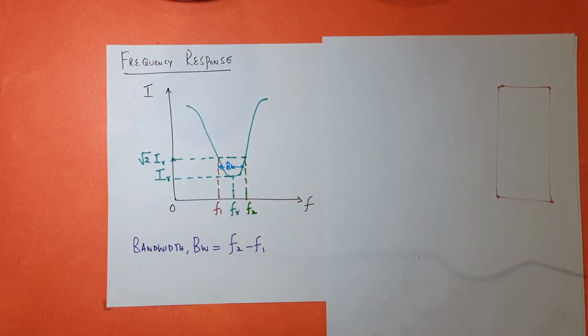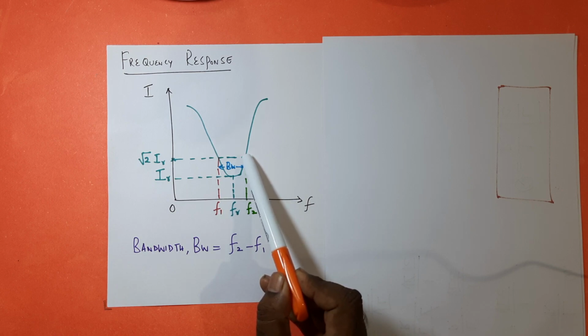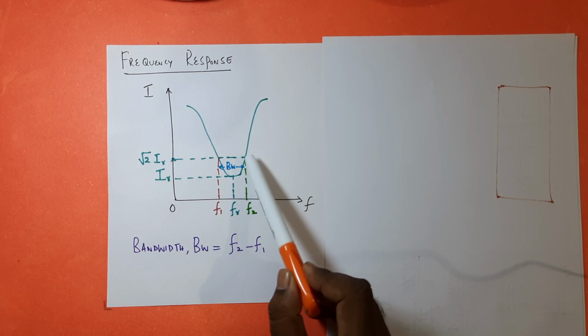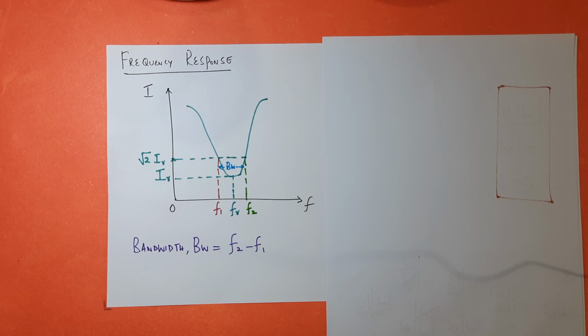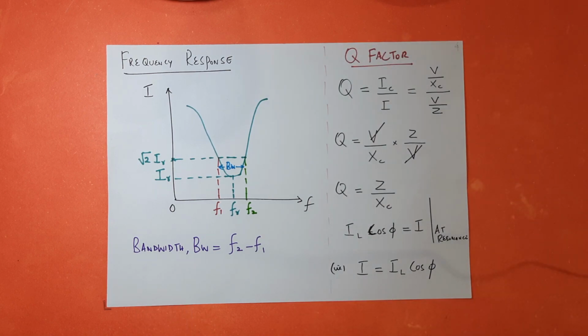The corresponding frequency is the lower cutoff frequency or lower half power frequency. Next it cuts here at this point. The corresponding frequency is F2, which is the upper cutoff frequency or upper half power frequency. So this difference F2 minus F1 is nothing but the bandwidth of the parallel resonance circuit.